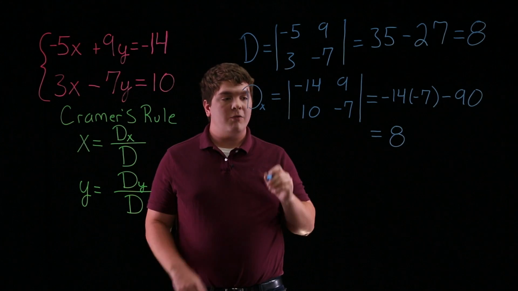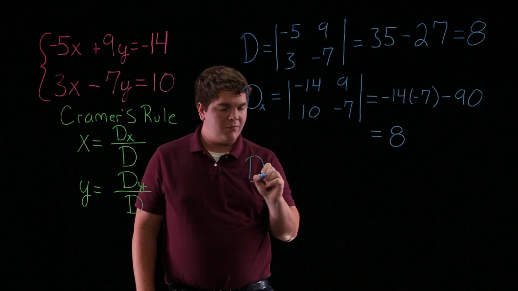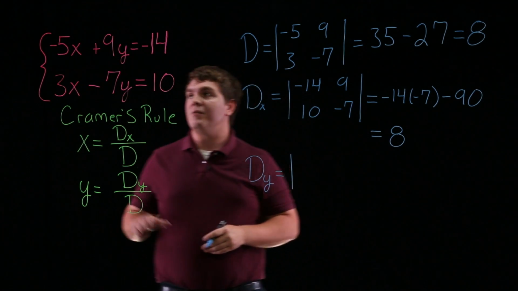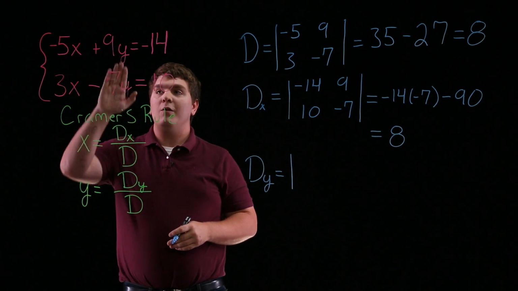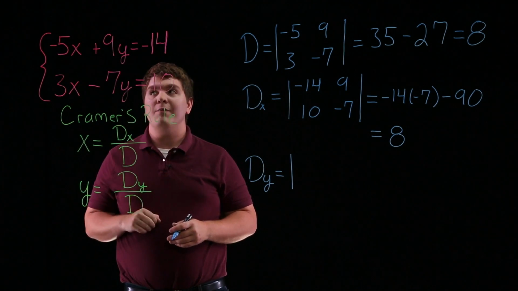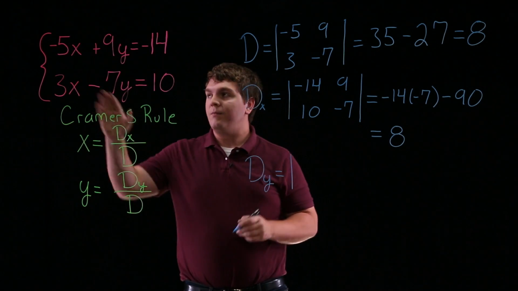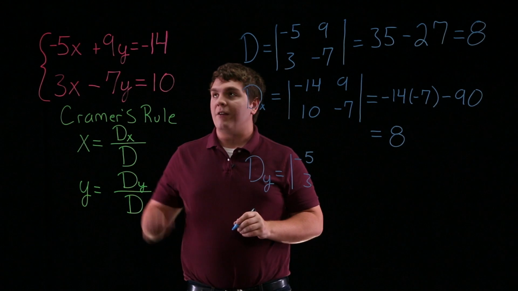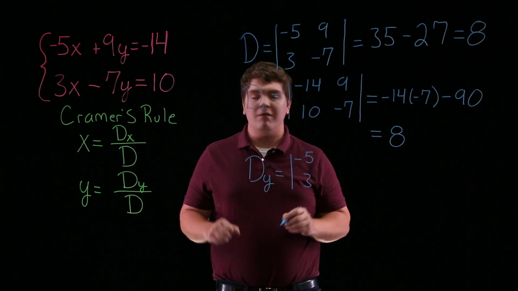And finally, we'll find d sub y. So d sub y is our coefficient matrix, but we're replacing the coefficients of our y variable with our constant matrix. So what we'll have here is the first column will be -5, 3, and our second column will be -14, 10.